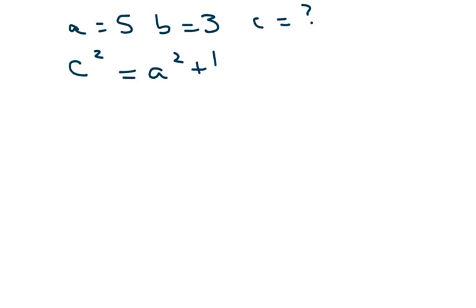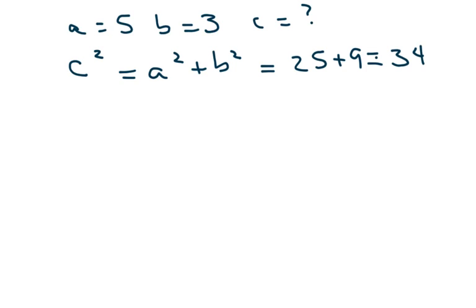Okay, the next problem we have to do is 39. So 39 is A equals 5, B equals 3, and we need to find C. So C squared equals A squared plus B squared, which equals 25 plus 9, which equals 34.